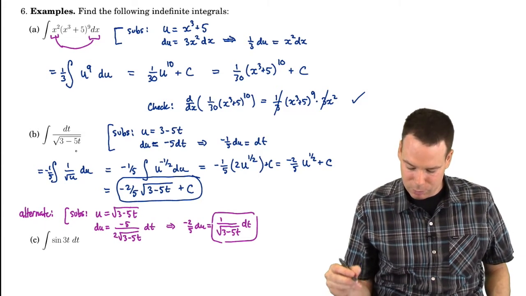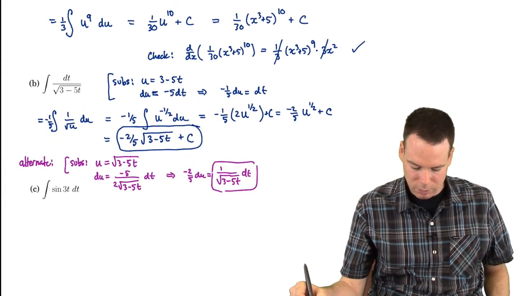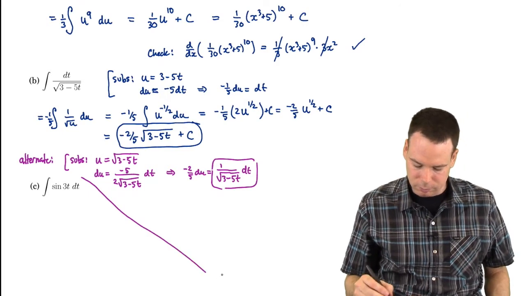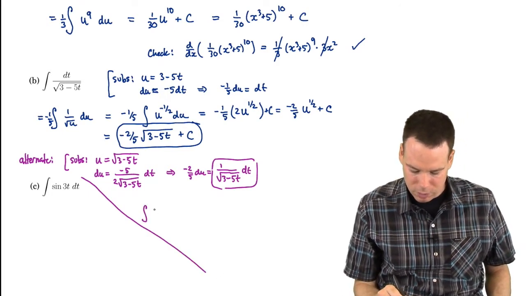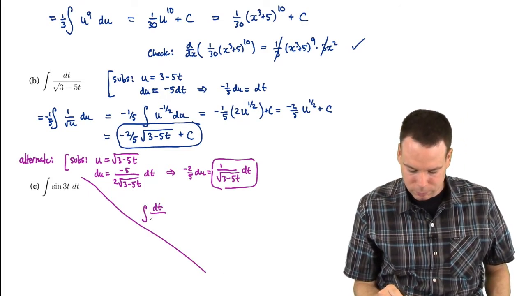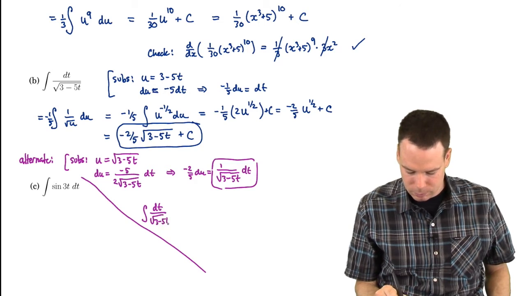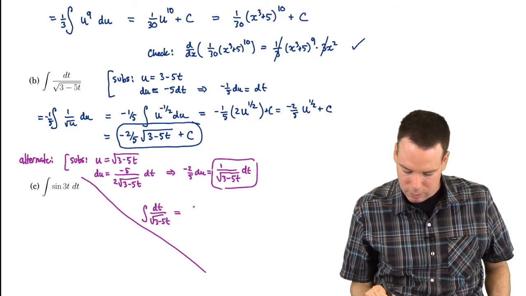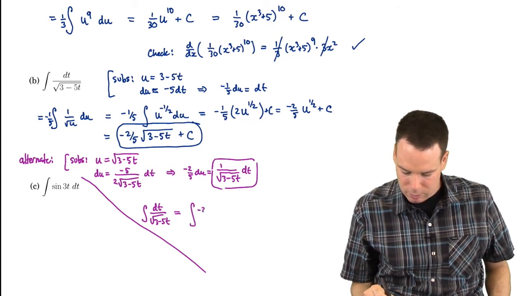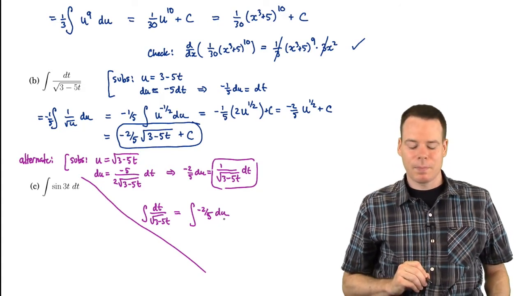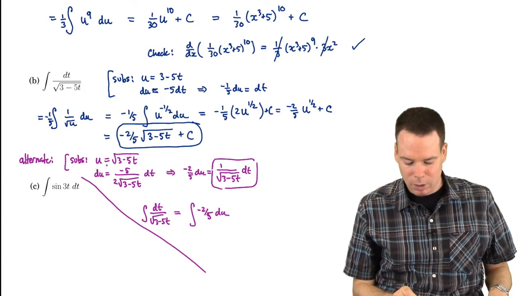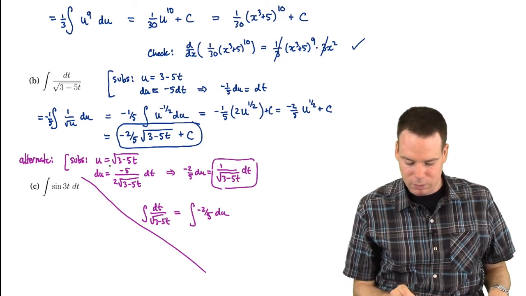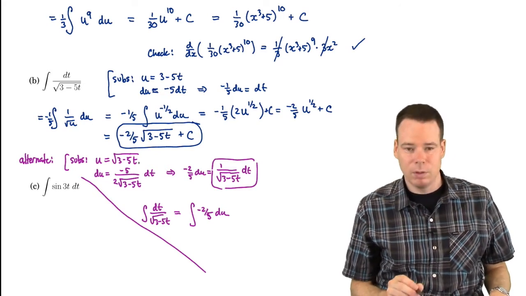So when I make this substitution, the original integral, the whole thing, is replaced with a negative 2/5 du. I didn't even have to bother with any of the other t's left around and replace them with the square root of 3 minus 5t.